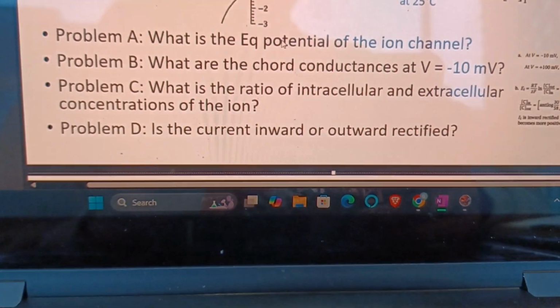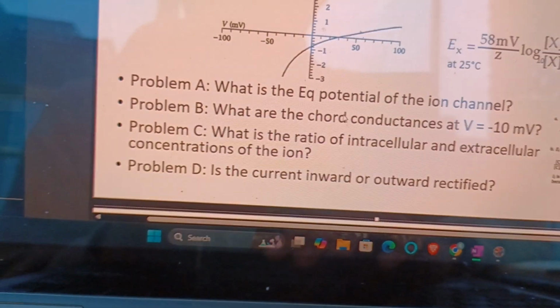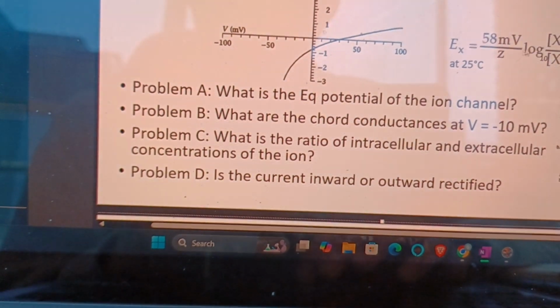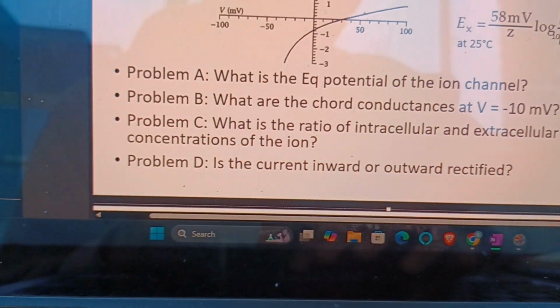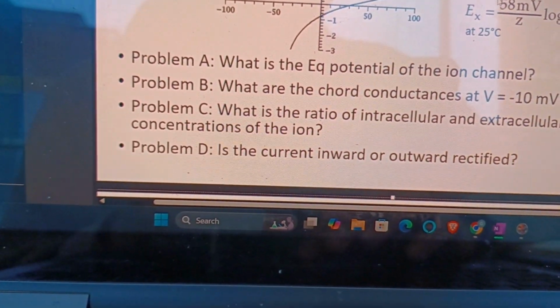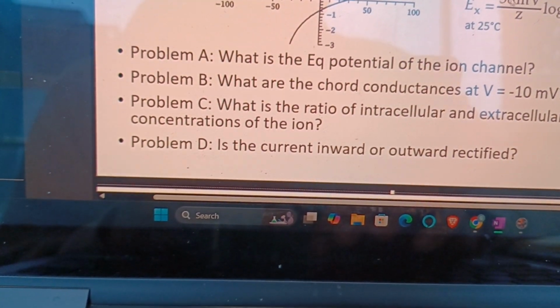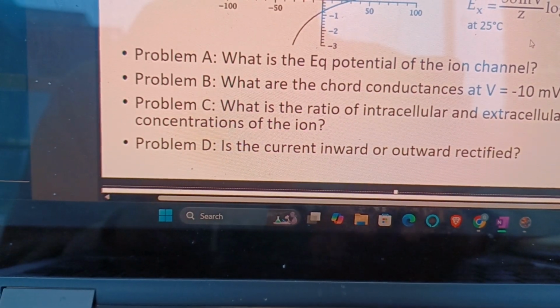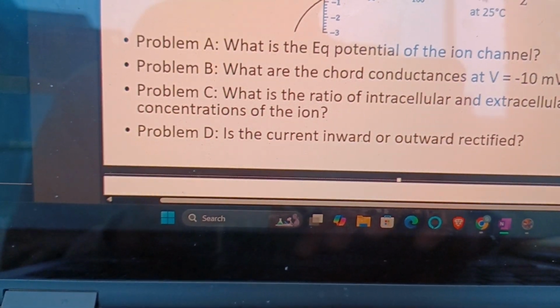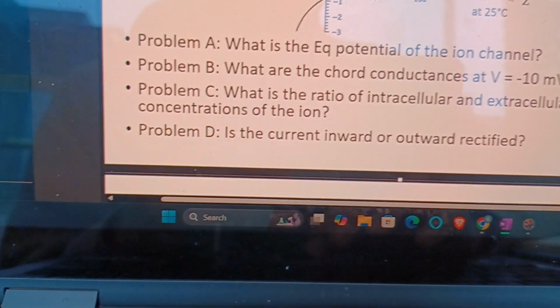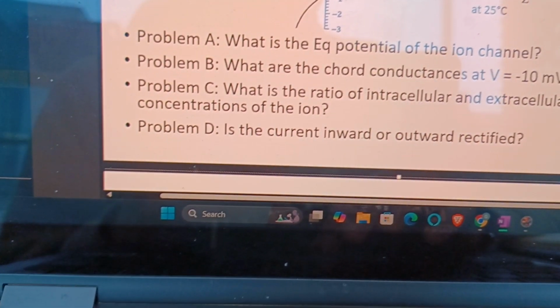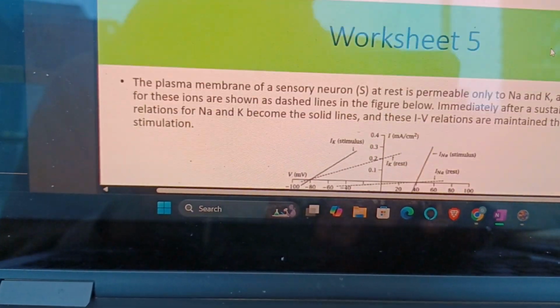And what is the ratio of the intracellular and extracellular concentration of the ion? We have this equation given. We know this is 58, but we put a 30 in here. So 30 equals 58 log 10 of outside concentration over inside concentration.